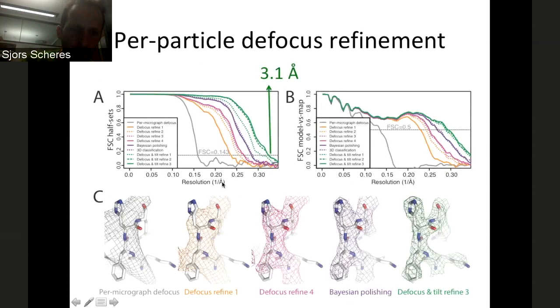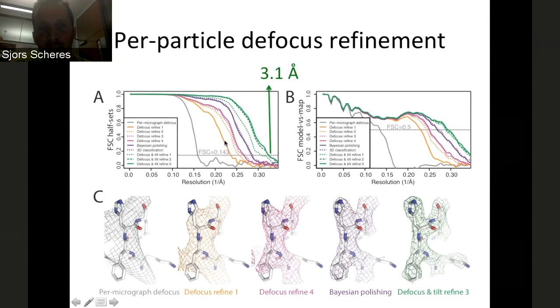So when we use Relion 3 for this, we actually had to use 4 cycles of CTF refinement, because the initial reconstruction from the average defoci of the entire micrographs only goes to about 7 angstroms resolution. And if you then refine defocus, you suddenly make a jump to close to 4 angstroms resolution. So that goes from the gray to the orange line.